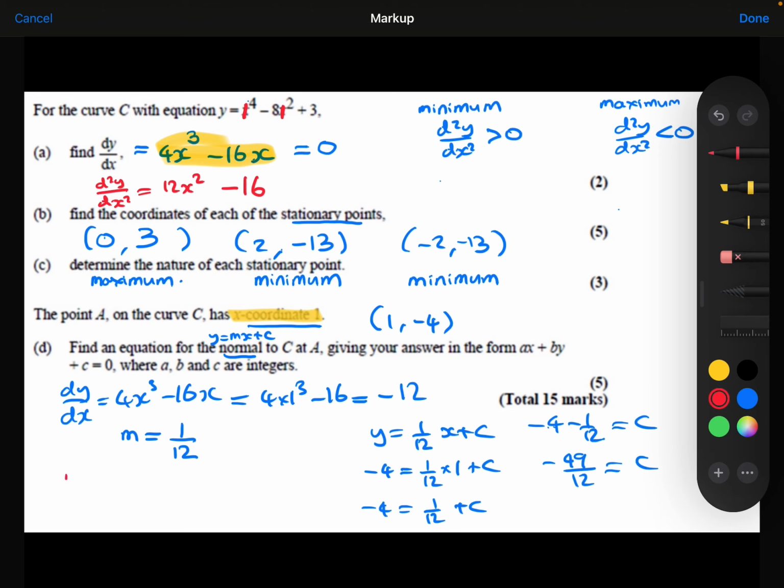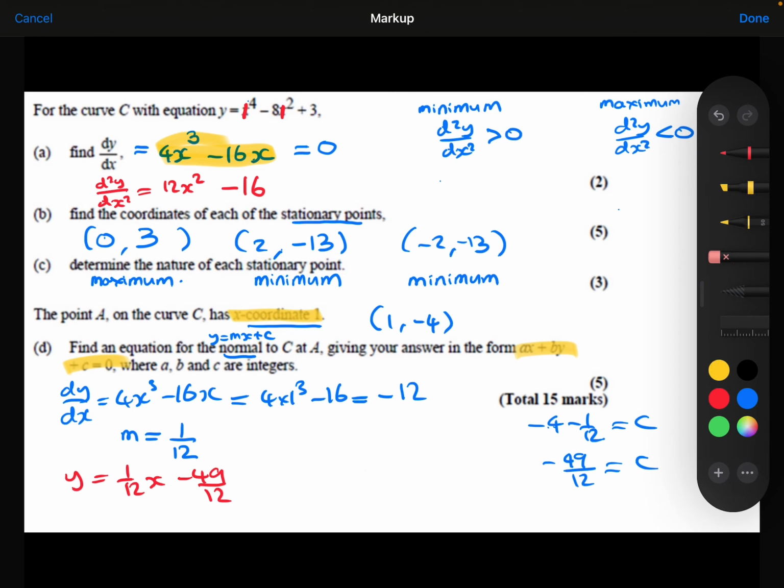So our equation would be y equals 1/12 x minus 49 over 12. And now I just need to write that in the form that the question's asked for. So I'm going to simplify this by multiplying through by 12. So I'll get 12y is equal to x minus 49. Take 12y away from both sides. And this is how I'm going to leave my answer.